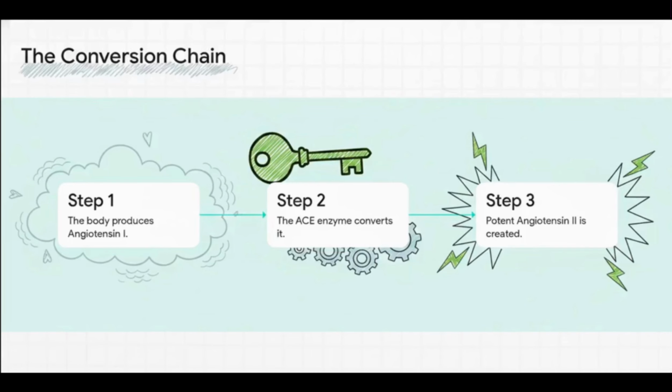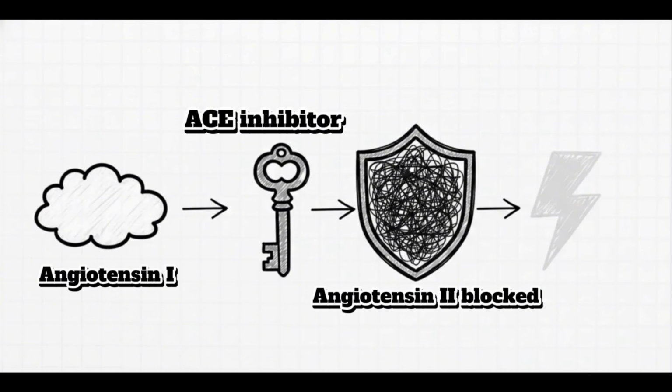Once converted, angiotensin II triggers that increase in blood pressure. ACE inhibitors work exactly as the name suggests. They inhibit that enzyme. With no enzyme present, angiotensin I cannot convert into angiotensin II, which means no constriction of the blood vessels and no fluid retention, allowing blood pressure to drop. This also reduces the overall workload on the heart.